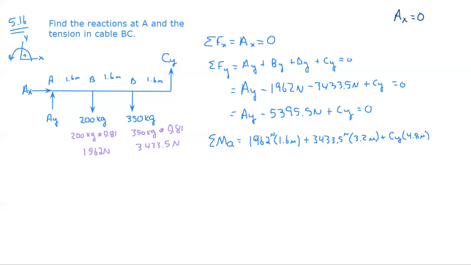As I've done in class, I'll now put in the signs for the moments. Keep in mind, counterclockwise is positive. The 1,962 newton force causes a clockwise moment, so it is negative. The 3,433.5 newton force also provides a negative moment, and CY provides a positive moment.